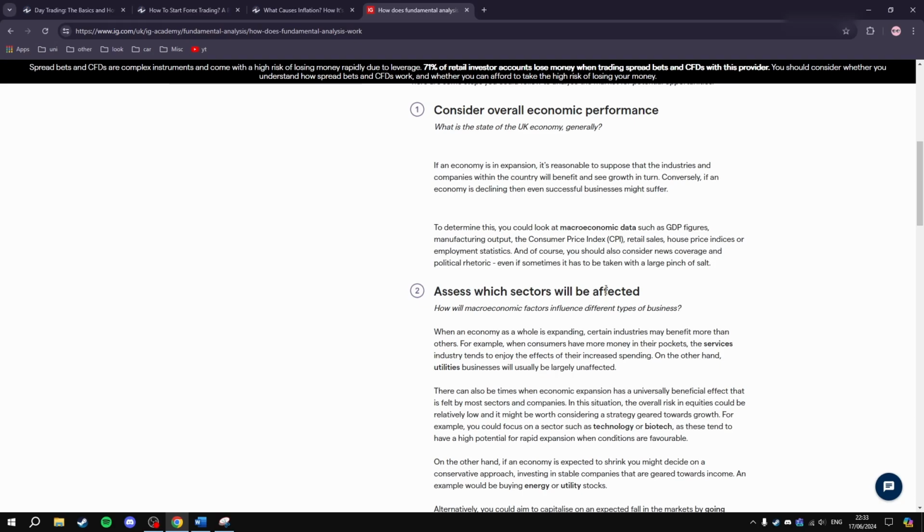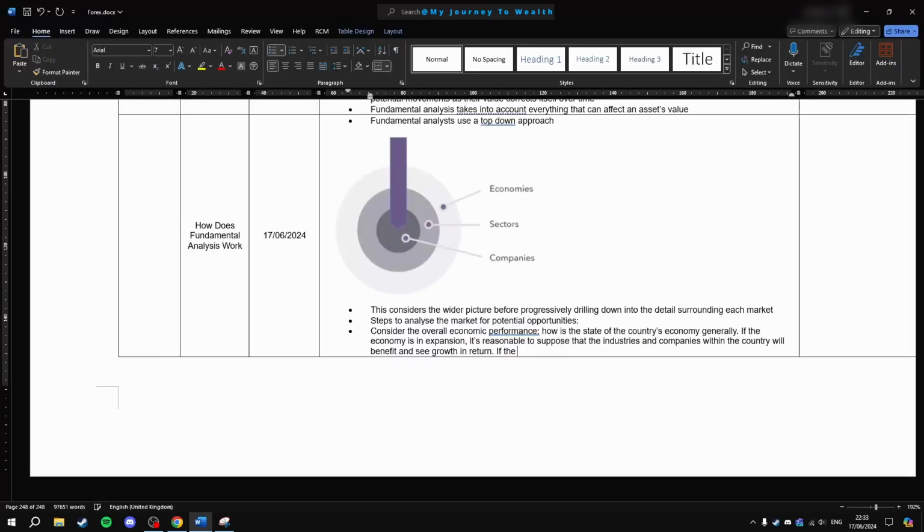Conversely, if the economy is declining, then even successful businesses might suffer.